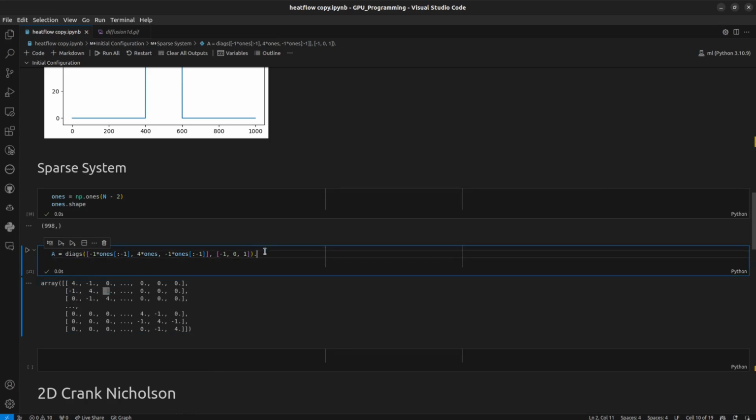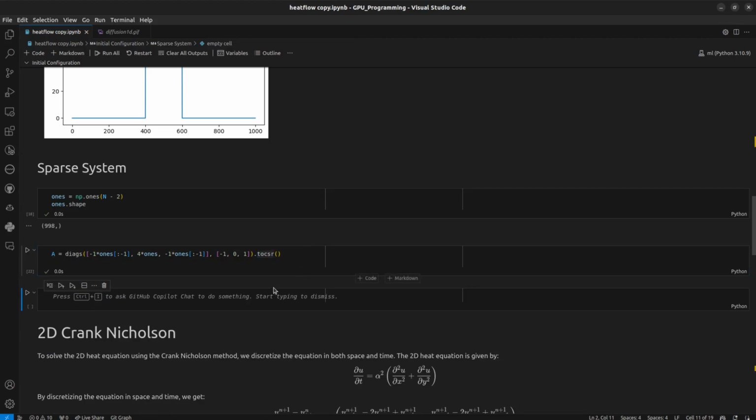Okay, the solver is going to be especially effective if we transform it to a certain format, but that's not too important. Let's think a little more about the last point that I made, that it's way more memory efficient.